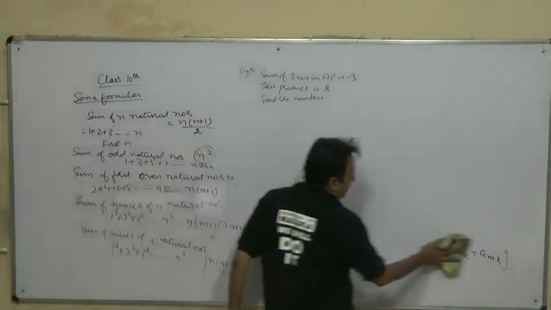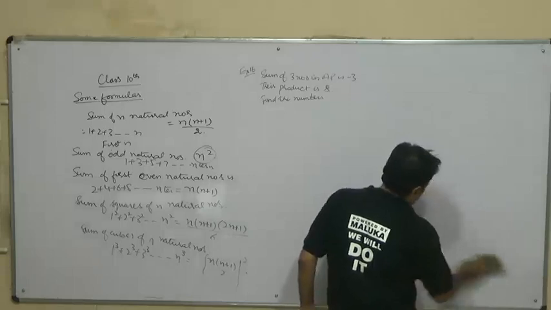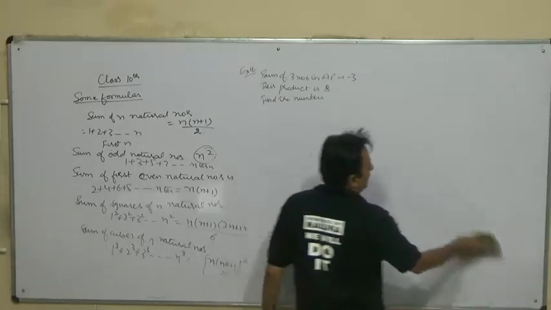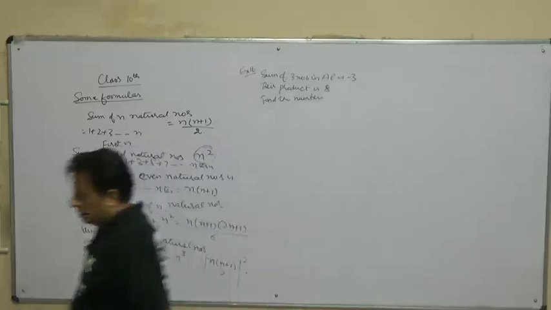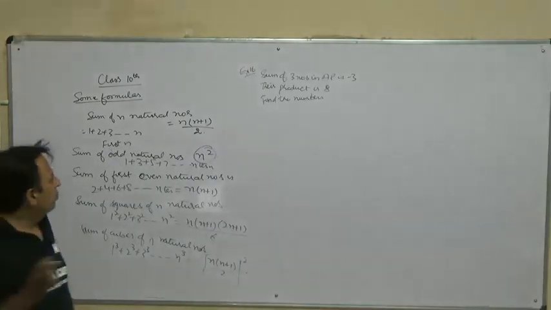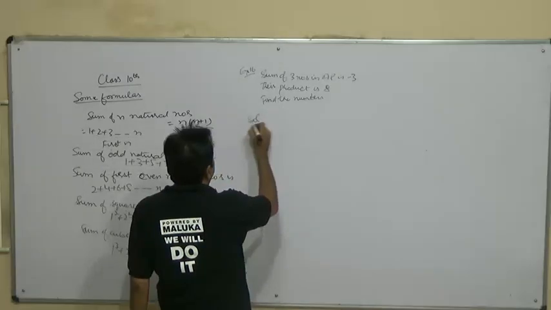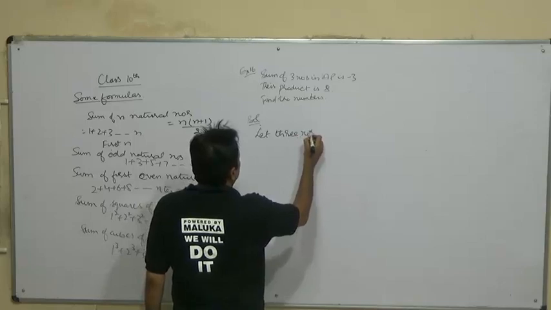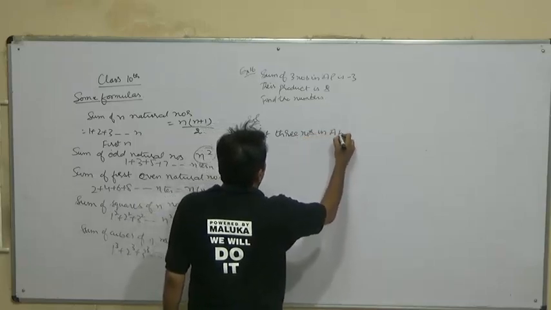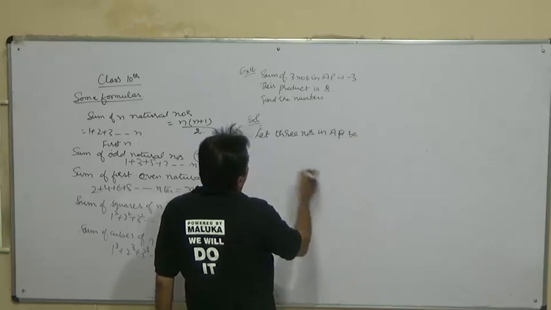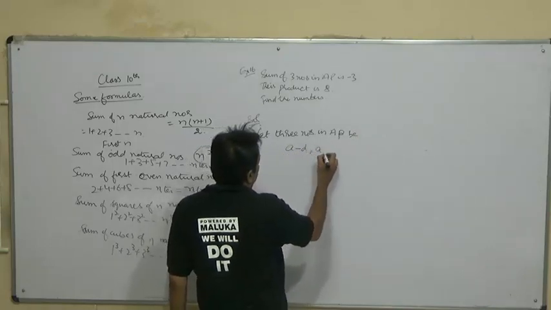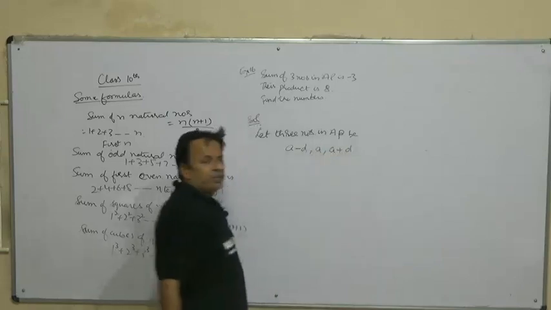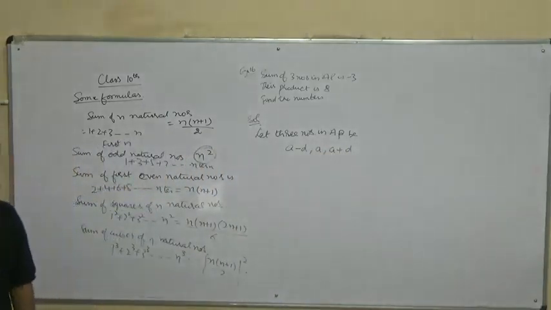Solution: let the three numbers in AP be A minus D, A, A plus D. Take the numbers in such a way that when we take the sum, the D will cancel out.